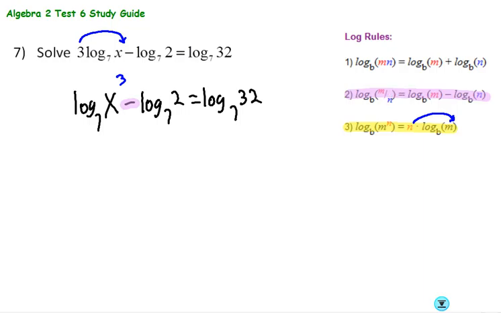So that would look like log base 7 of x cubed divided by 2. And maybe we'll use the same color coding that we did over there. So this would be x cubed, and this would be 2.